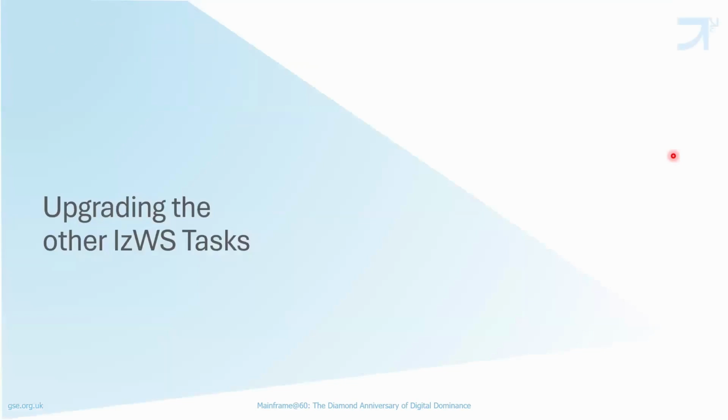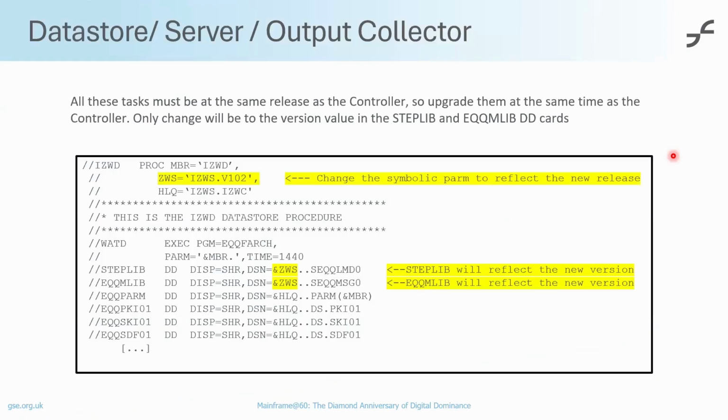And then how to perform other IzWS tasks upgrade. So if you have data store or a server or an output collector, remember, they need to be at the same release as the controller. So they need to be upgraded at the same time. But this is pretty easy because the only thing that you need to change is the STEPLIB and MLIB again.